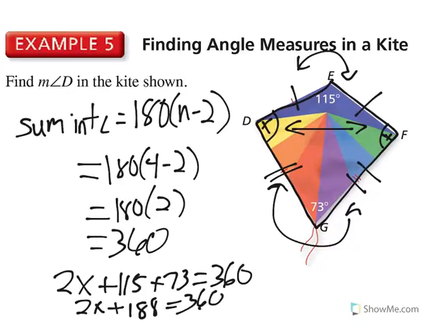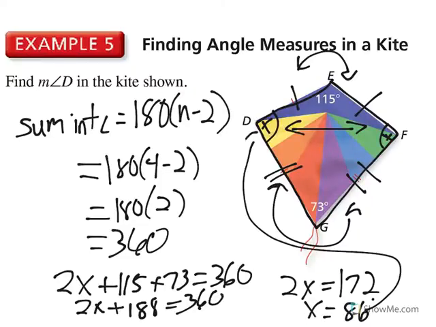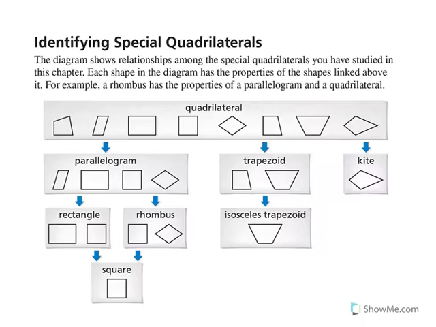I subtract to solve. So 2x would then equal 172. I divide by 2, and so I get x is equal to 86. So 86 was in for my x. That means the measure of angle D is equal to 86 degrees. If they asked for the measure of angle F as well, then it would also be 86. They were the same size.